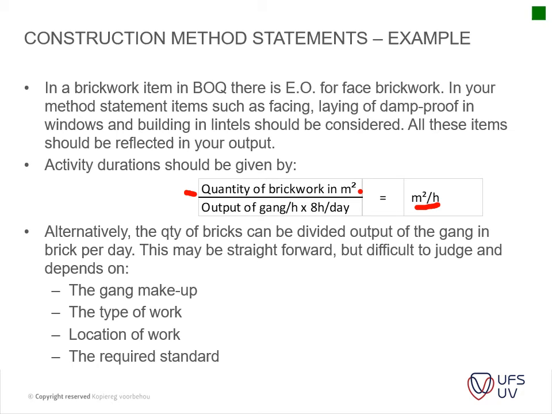Say, for instance, this gang can produce 1,000 bricks per day, or they can produce X amount of square meters per day. You guys understand that? The one just relates easier to the BOQ, where the other one is more to your material and labor. So you have to do your material and labor one because that's the most accurate one, but then you can take it further to actually your square meter per day. Okay.